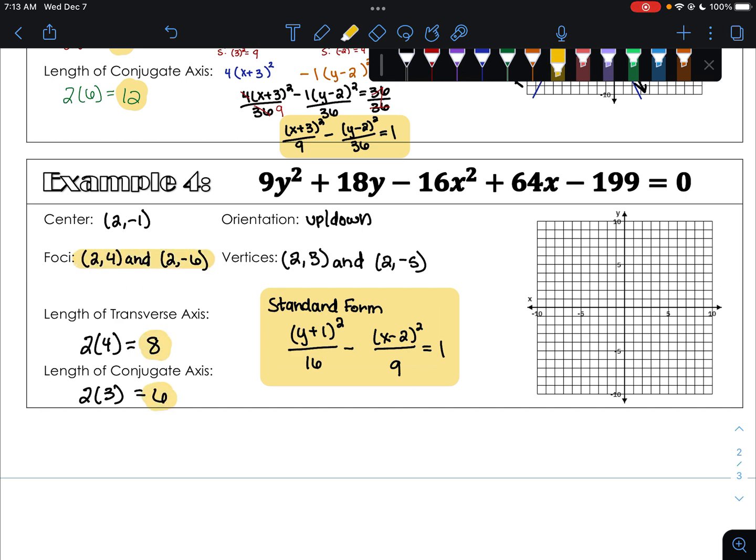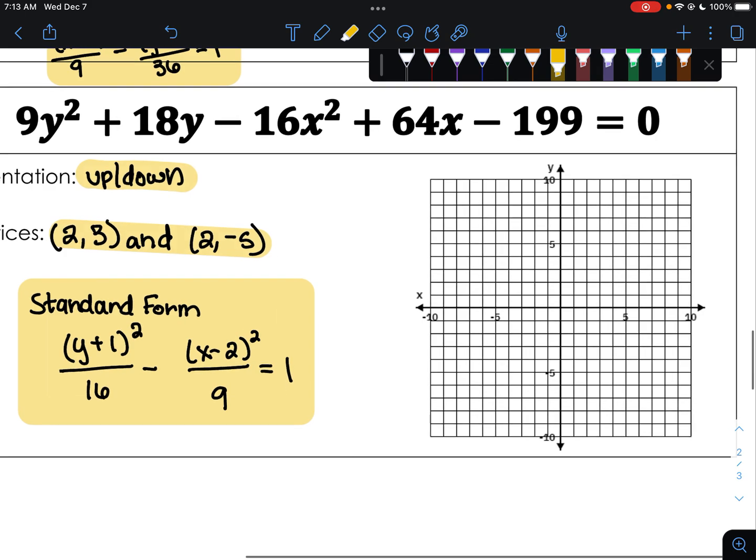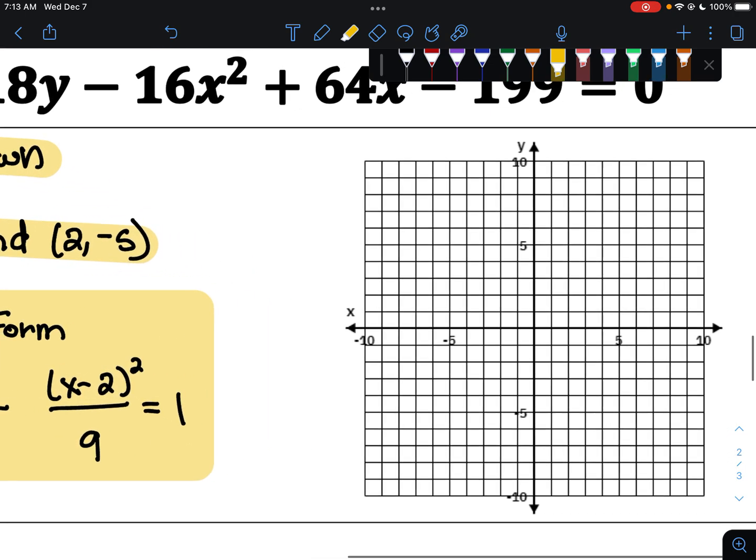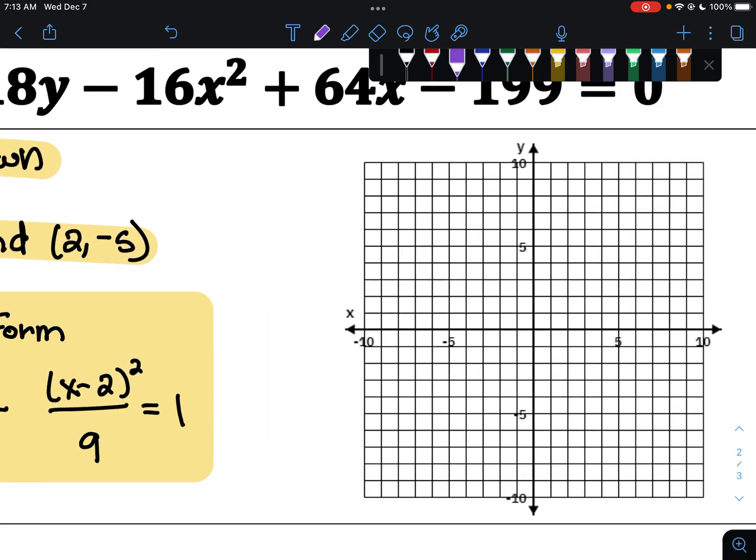If you have any questions on any of this, please make sure you write it down and ask in class. If we graph this real quick, we had our center at 2, negative 1. From that, we went up 6 to put a point, and down 6.